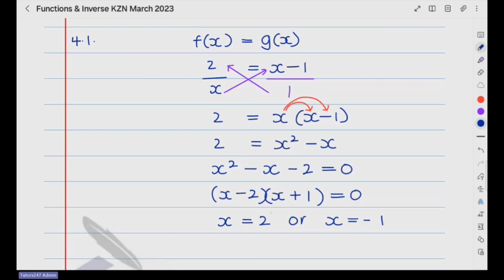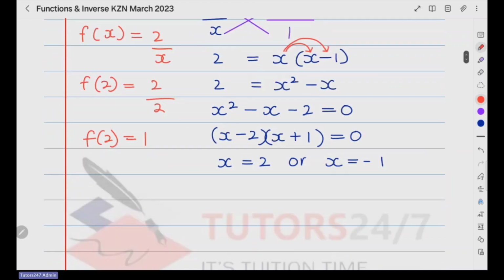So if we substitute x is equal to 2 into f of x, so we have f of x equals 2 over x. If we substitute x as 2, it's going to be f of 2 equals 2 over 2. Therefore, f of 2 is equal to 1.